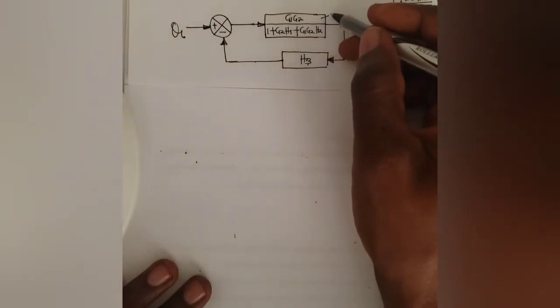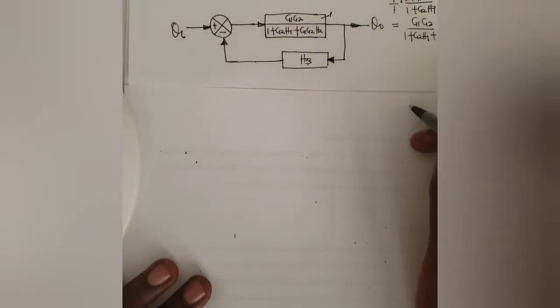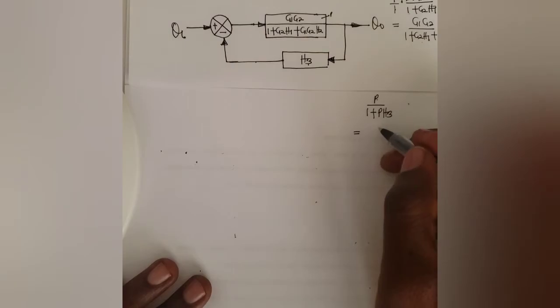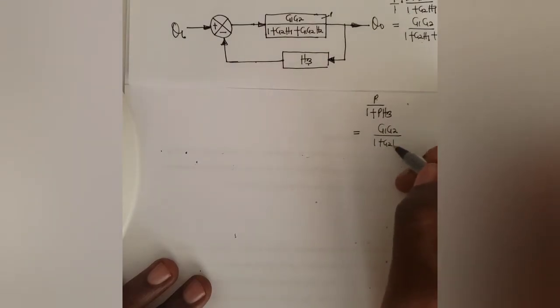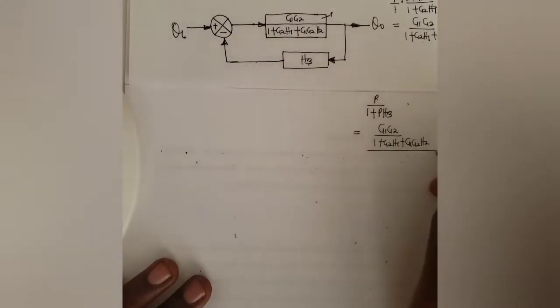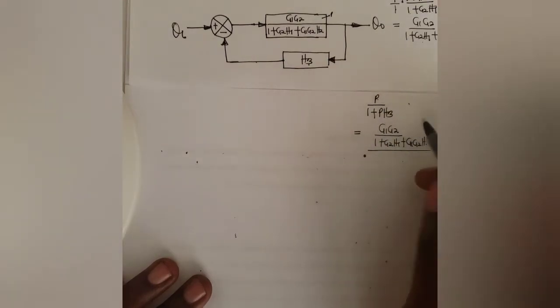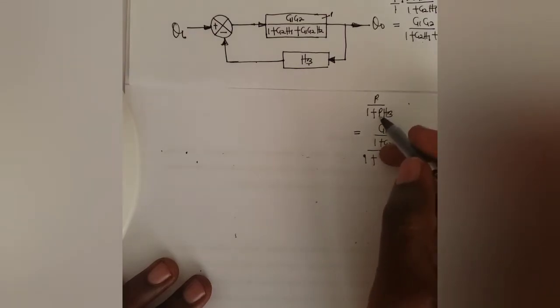If I call this one, let's say I call it P, so I'm going to be having P all over 1 plus PH3, and that will give us G1 G2 all over 1 plus G2 H1 plus G1 G2 H2 all over, so I have P, which is everything here, now all over 1 plus, what is P?